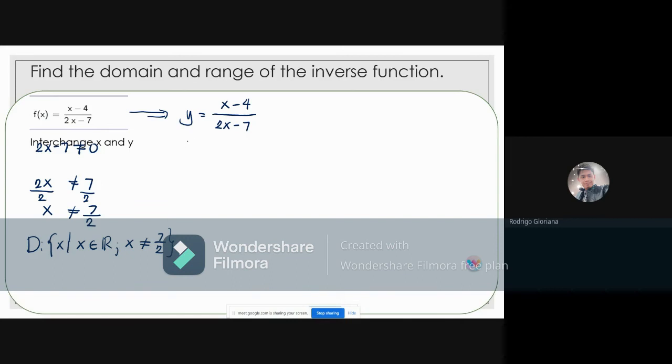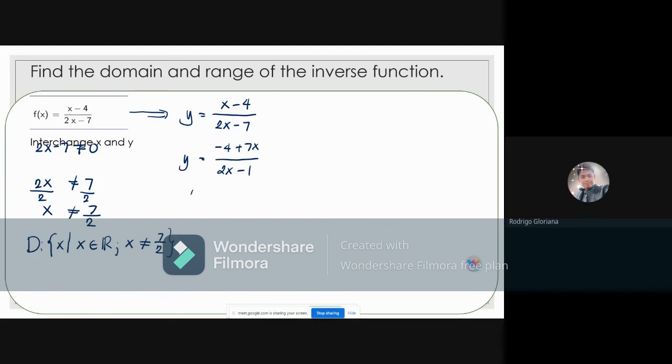If we interchange, this is equivalent to negative 4 plus 7x over 2x minus 1. That is our outcome. From this, let us get the restriction.